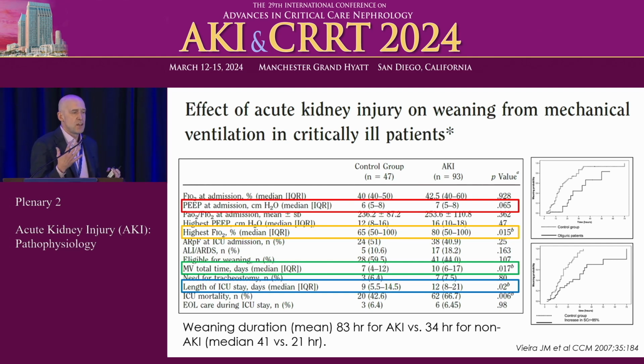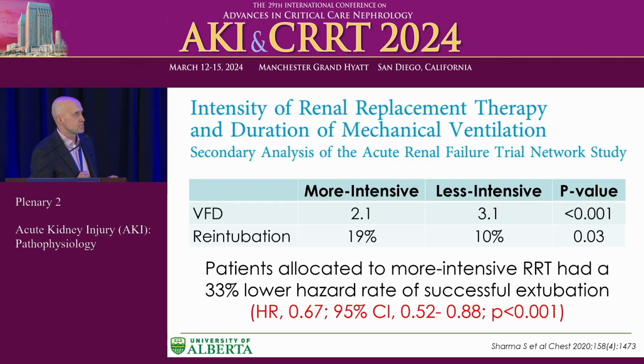And again, you'll see those in the AKI group had some differences in their respiratory system mechanics and parameters, right? Higher PEEP, higher FiO2, higher minute ventilation. And these patients ultimately spent more time in the ICU. But what was important, and it's illustrated in the graph, is that these patients required a longer period of time to successfully wean from invasive mechanical ventilation compared to if they did not have acute kidney injury.